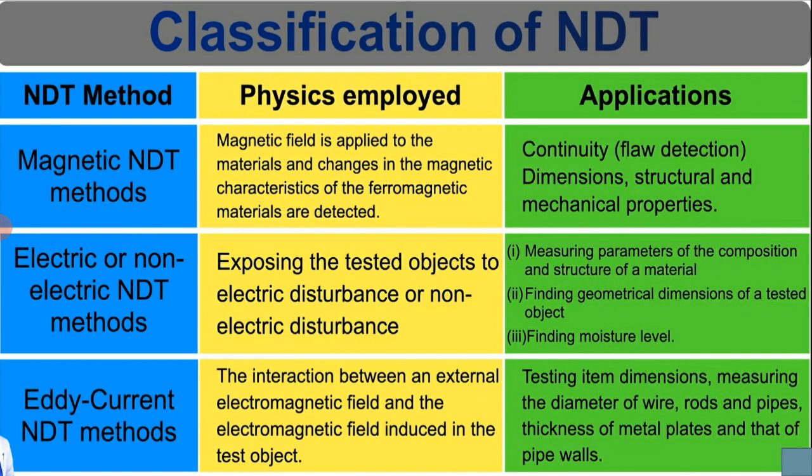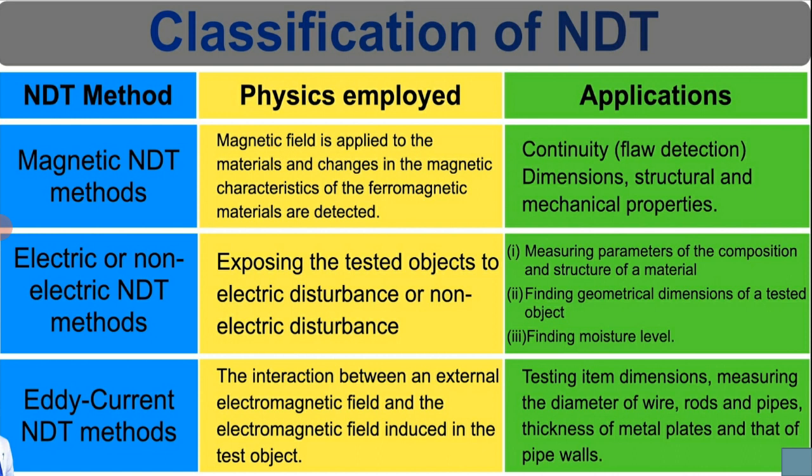Next method is the magnetic non-destructive technique. A magnetic field is applied to the material and changes in magnetic characteristics of ferromagnetic materials are detected. Applications: continuity, flaw detection, dimension, structure and mechanical property.